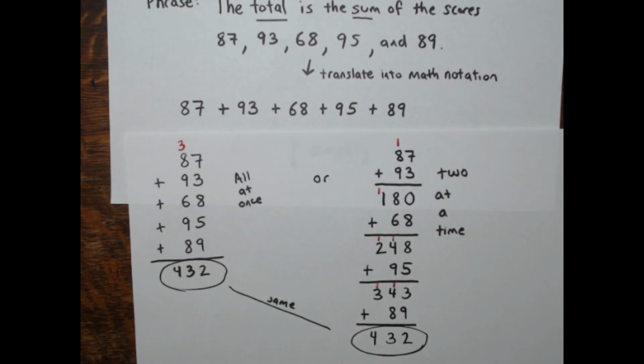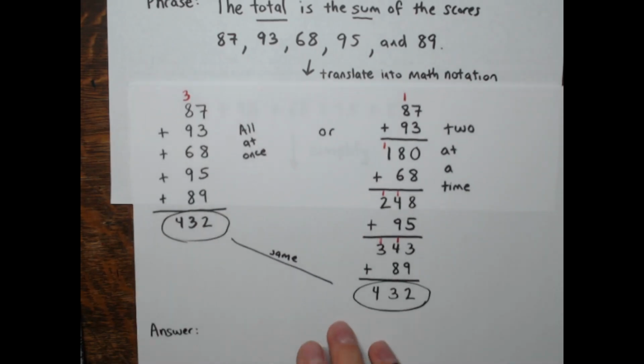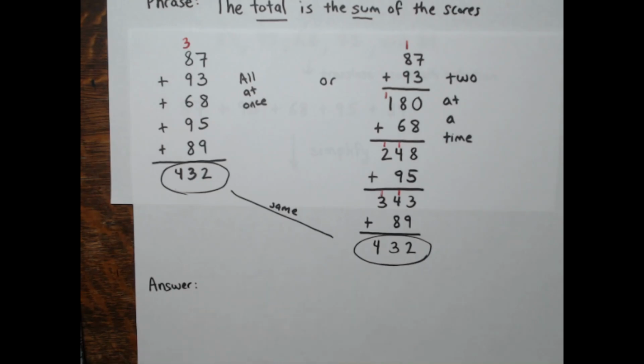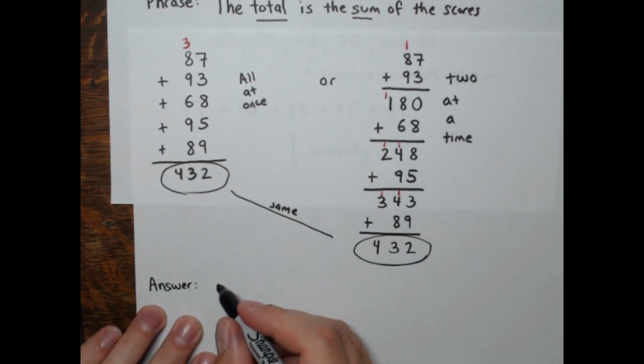And then finally, the last part of the first paragraph, right? Finally, we write a sentence to answer the question. So the answer to their question said, what is the total number of points he earned in the 5 tests?